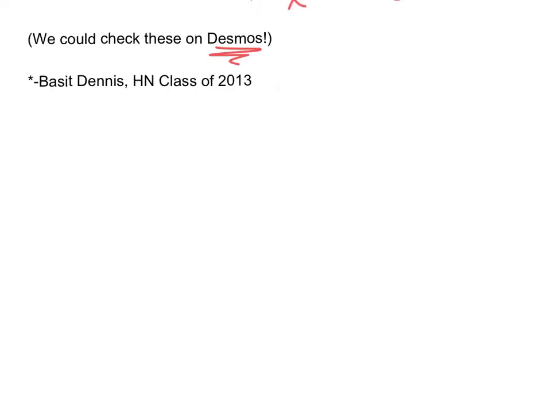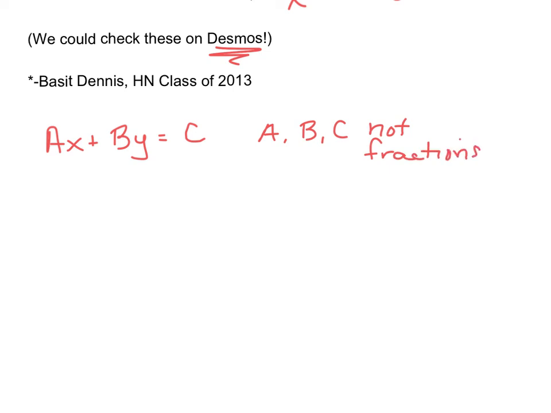Now just a note here about that standard form, that ax plus by equals c. Again, that's called standard form of a line. Usually we say that a, b, and c are not fractions, if we can avoid it. And we also like the a, the leading coefficient, to be positive if possible.